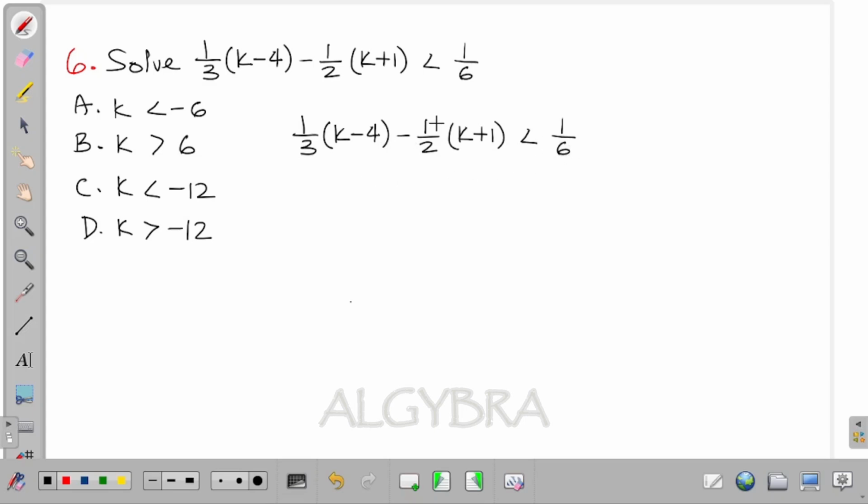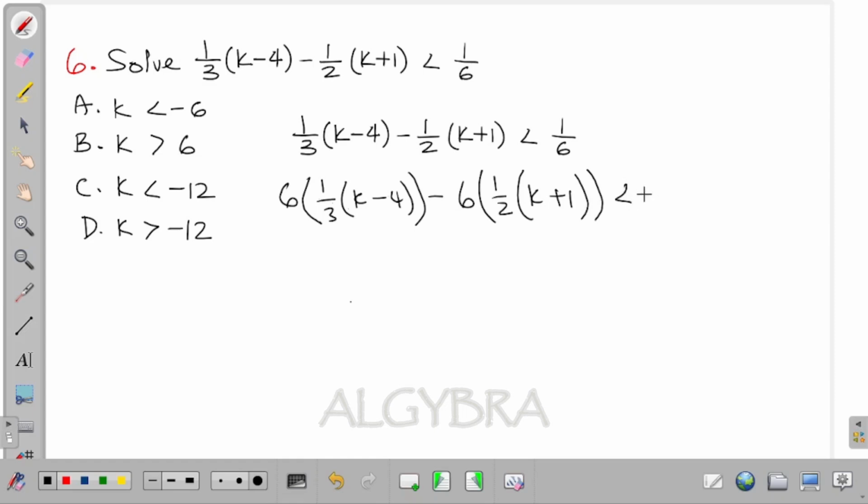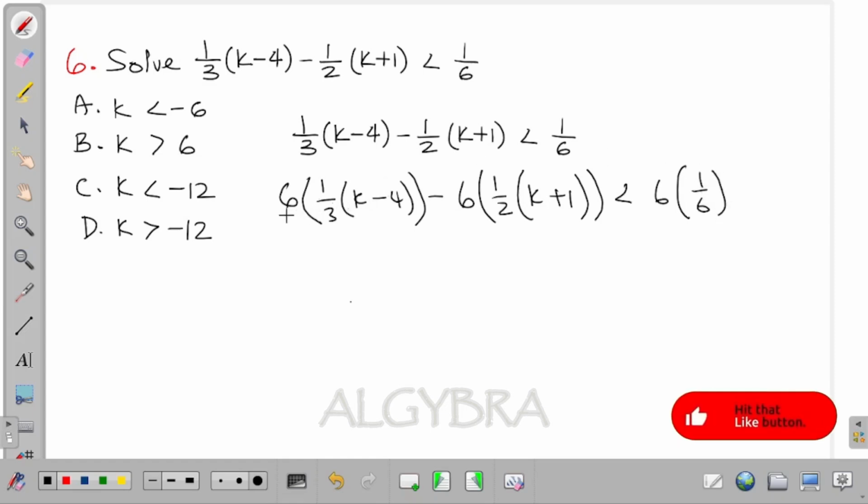So I'm going to multiply the left-hand side and the right-hand side of this inequality by 6. Every term here, I'm going to multiply by 6. So this is 6 multiplied by 1/3(k - 4), minus 6 multiplied by 1/2(k + 1), less than 6 multiplied by 1/6.